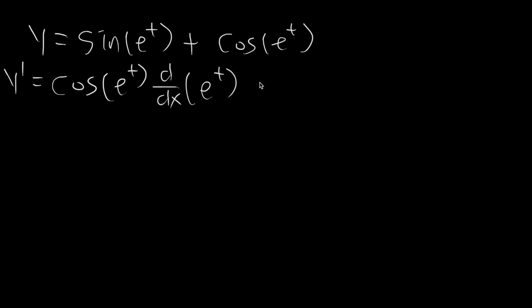The derivative of cosine something is always equal to negative sine something, and then you take the derivative of e to the power of t.